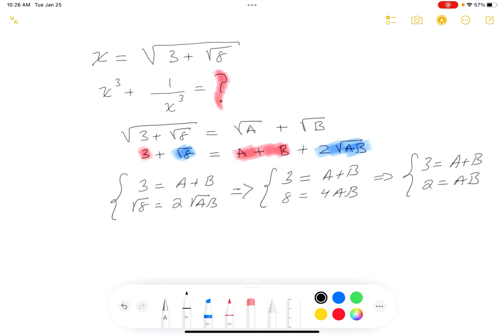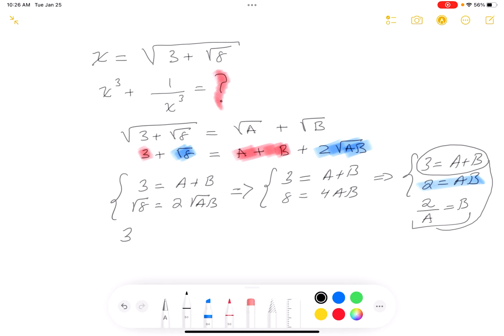All right, I'm going to use a technique of substitution to figure out what A and B is. I'm going to take this equation, and I'm going to solve it either for A or B. It really doesn't much matter to me. So it's going to be 2 over A is B. And then I'm going to substitute it into the first equation. And what do you get?